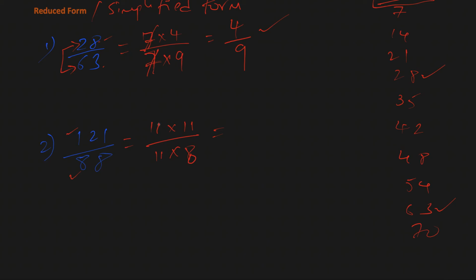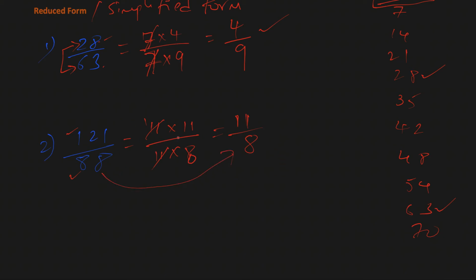Since we have 11 in the numerator and 11 in the denominator, 11 over 11 is 1, and we are left with 11 over 8. That's the final answer, and that's the most simplified form of this fraction.